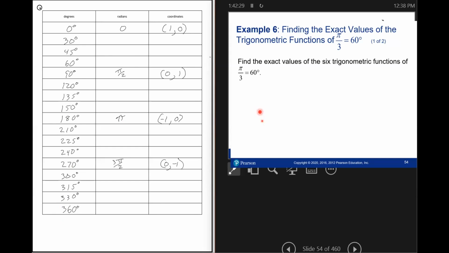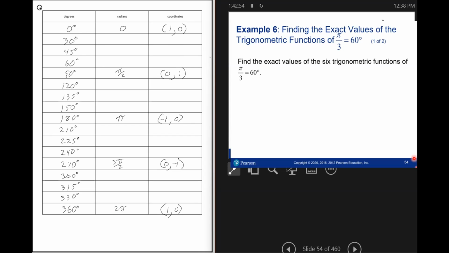And then 360 was 2 pi, because that's one full circle, and the coordinates there bring us back full circle to 1, 0. Now, what I'm going to do next is build up the coordinates, and let me look at the radians now.